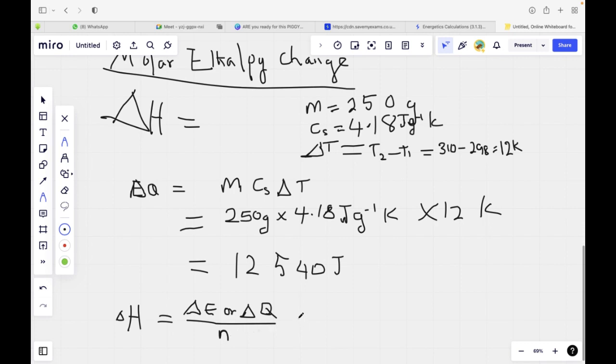We already calculated the heat energy change, which is 12,540. So 12,540 divided by the number of moles.